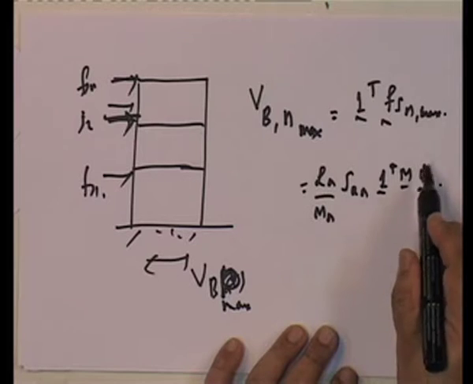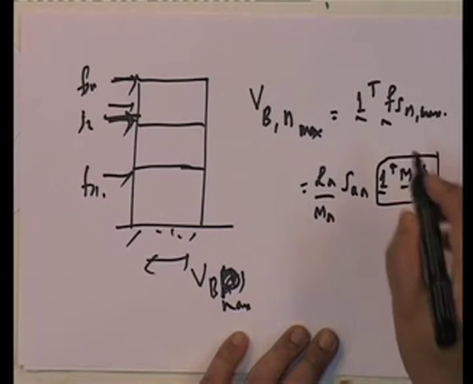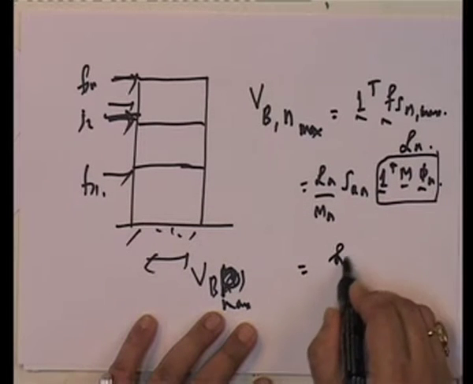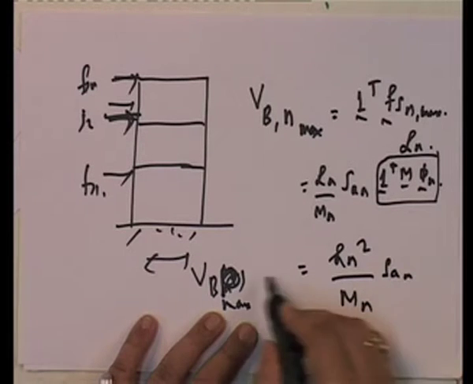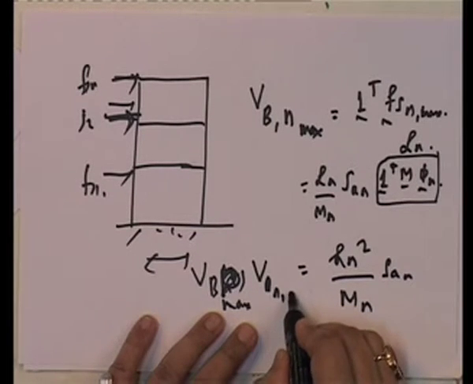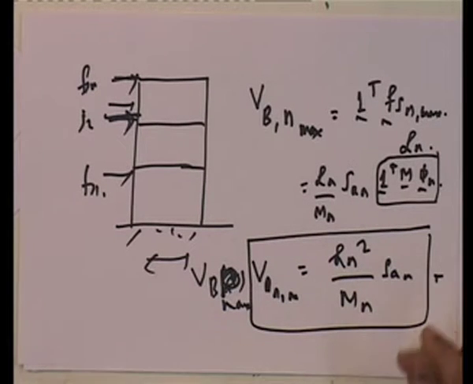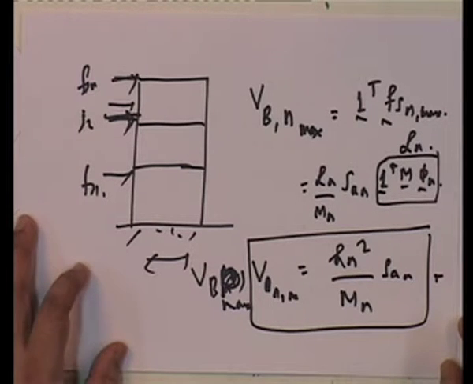So, m transpose is itself. So, this becomes nothing but, this we have already seen, is equal to Ln. So, if you look at Vbn, what do you get? Ln squared upon Mn into San. Such an elegant formulation for the base shear due to earthquake load.